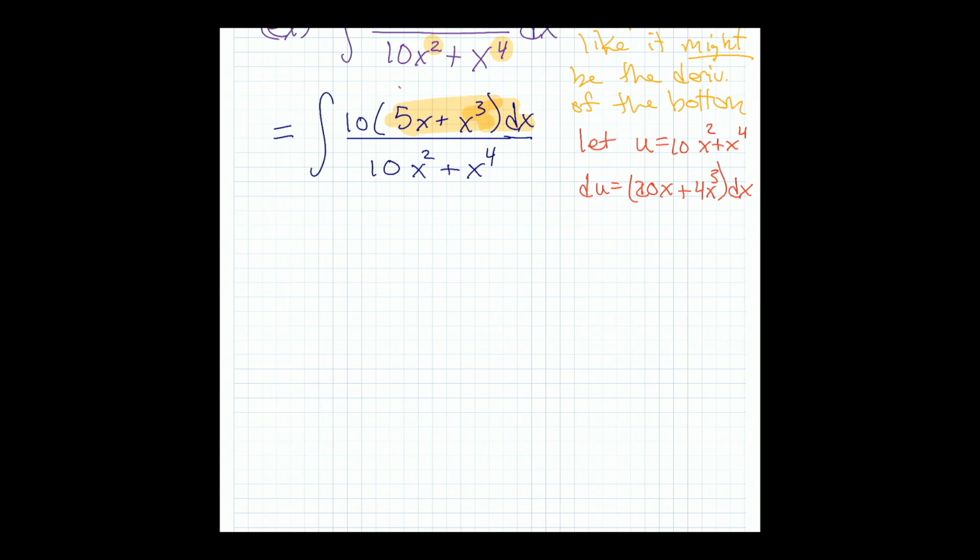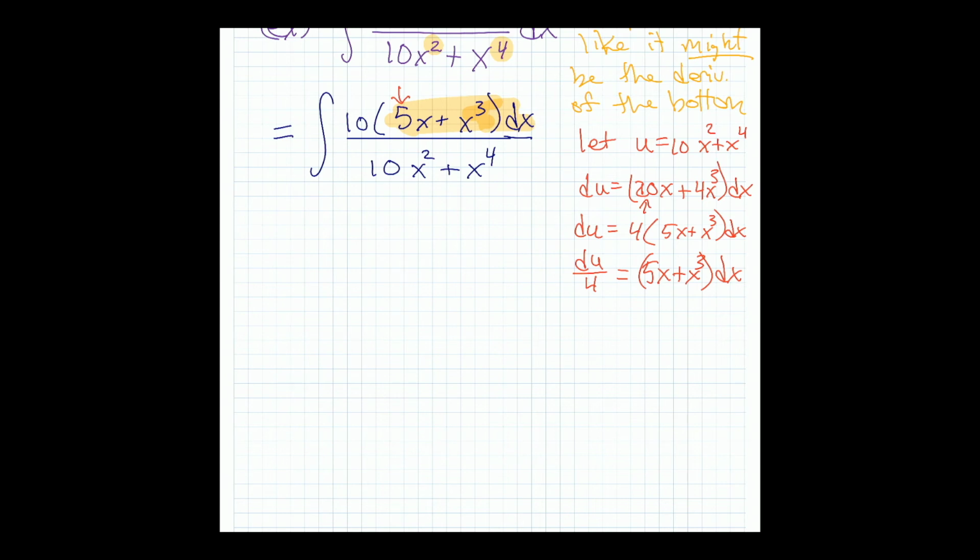I've got a 5 right here, and here I've got a 20. But you can factor out a 4 here and have 5x plus x cubed dx, and then you can take this 4 and divide it off to the other side and have du over 4 equals 5x plus x cubed dx.